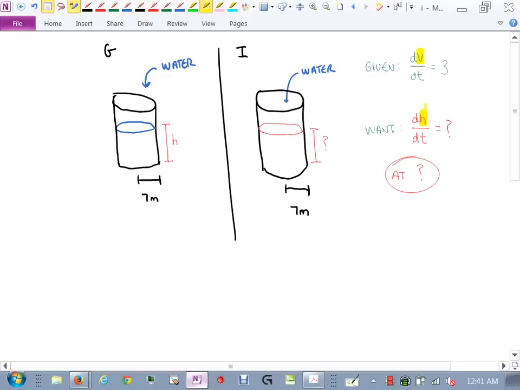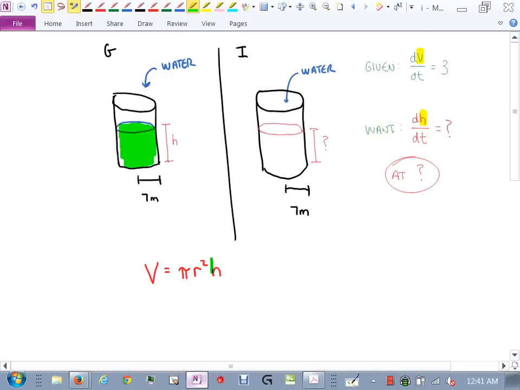When you have a right cylinder like this, you can look this up somewhere if you need to. I'm coming up with my equation. The volume is pi r squared times height. Now what I'm trying to do is find the volume of the water, not the cylinder itself.